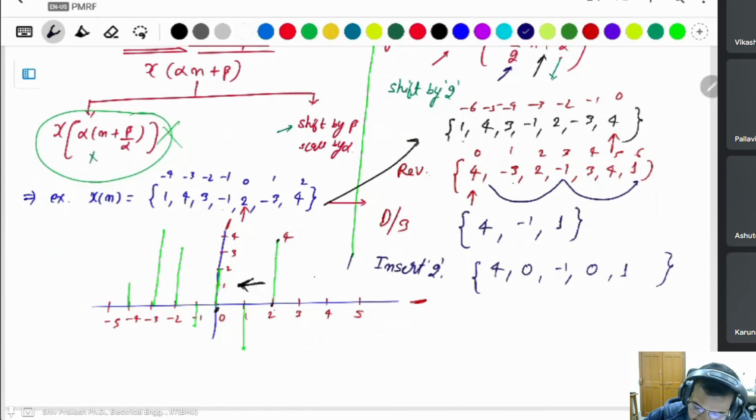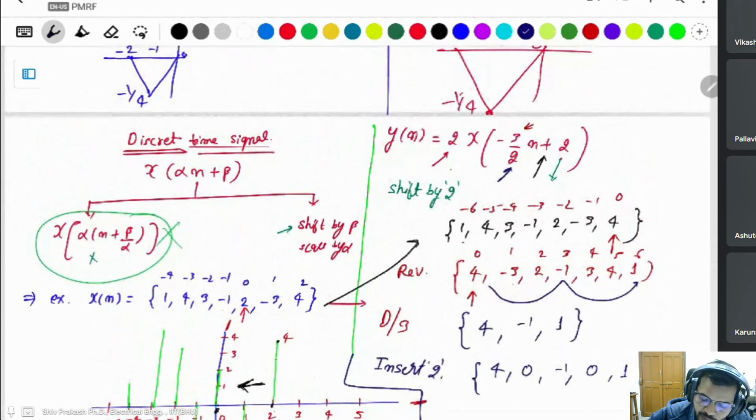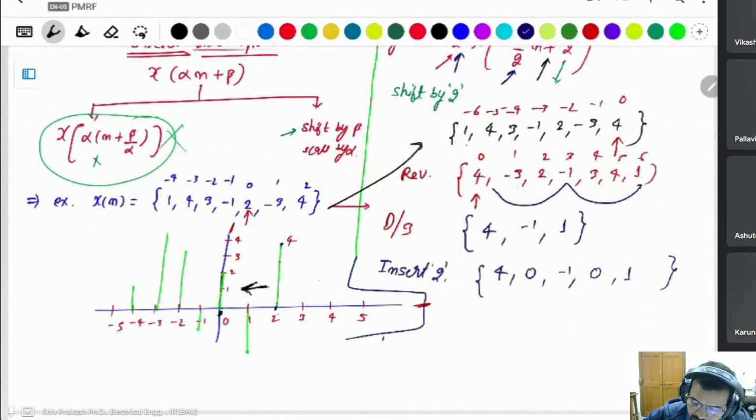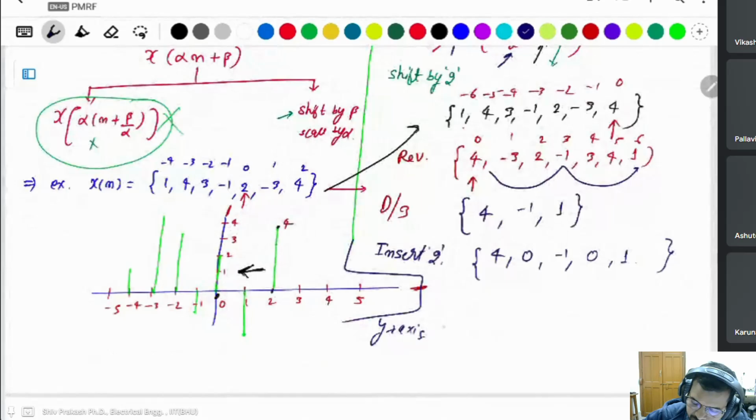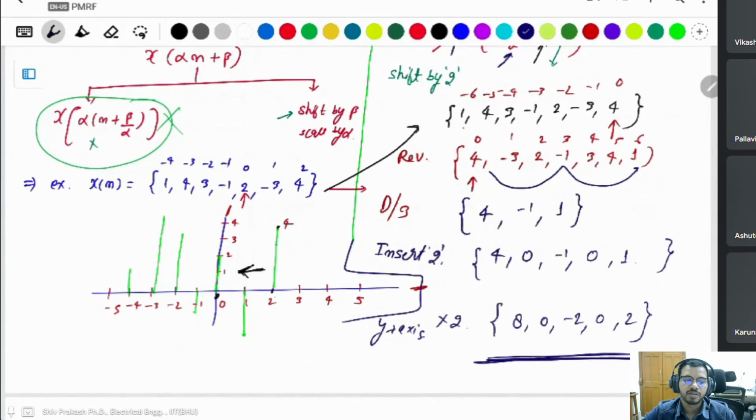Then the last one has some y-axis also. In y-axis, multiply by 2 in this value. So simply multiply by 2. This will be 8, 0, minus 1, 0, minus 2, 0, 2. This is the signal: 8, 0, minus 2, 0, 2. Always insert n minus 1, 0, because this denotes the position.